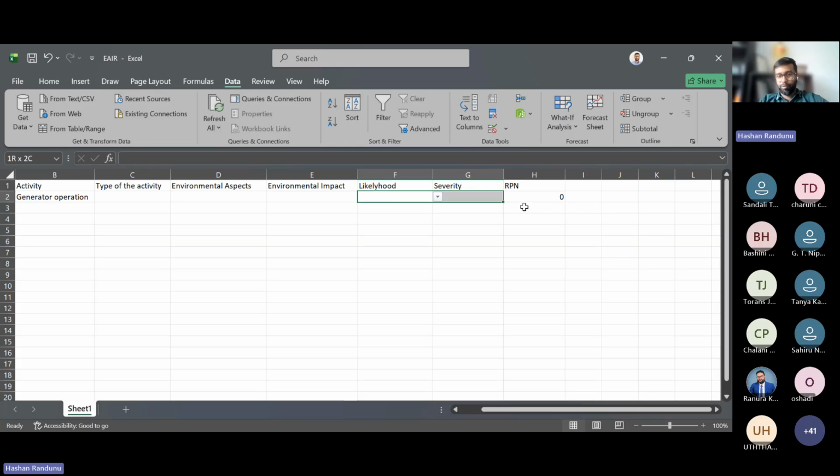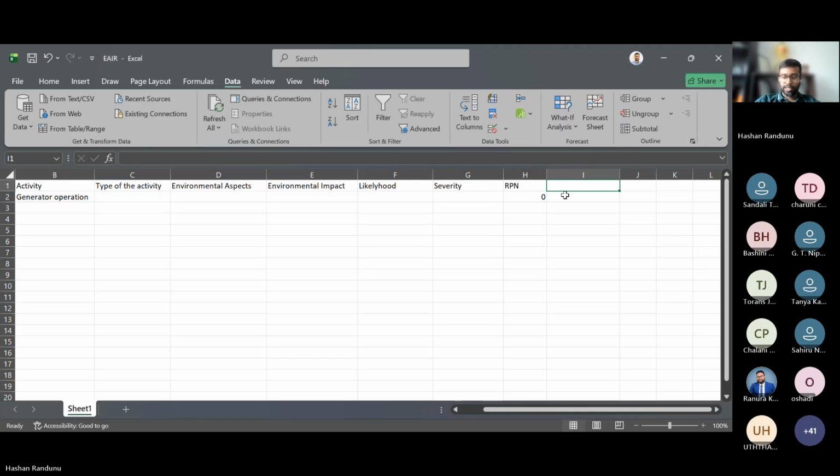Likelihood we define as the likelihood of occurrence of the particular environmental aspect, and severity is the severity of the environmental impact, right? Once we get the RPN, then we need to determine significant environmental aspects.